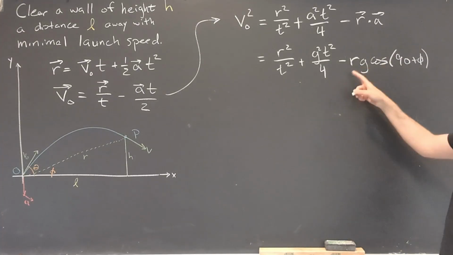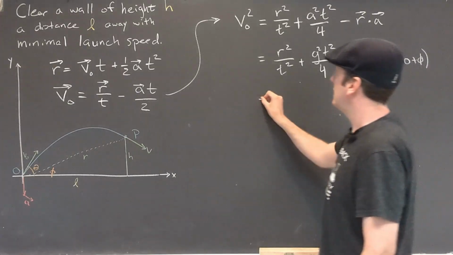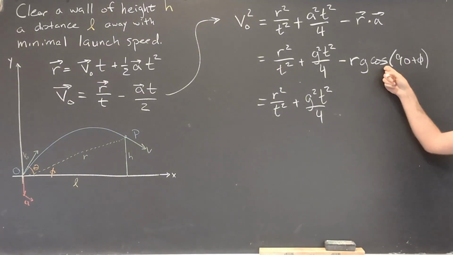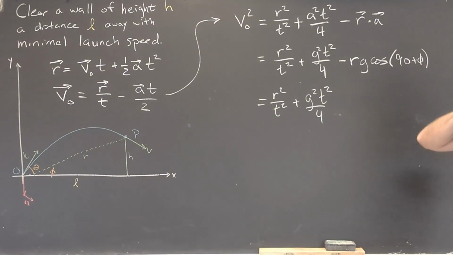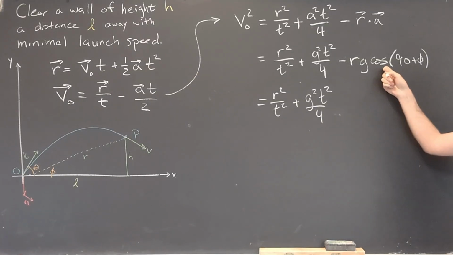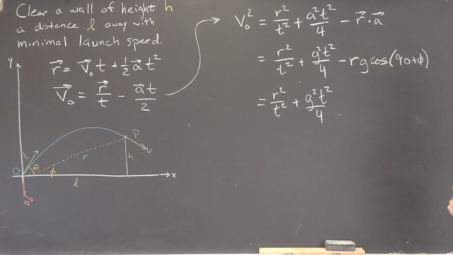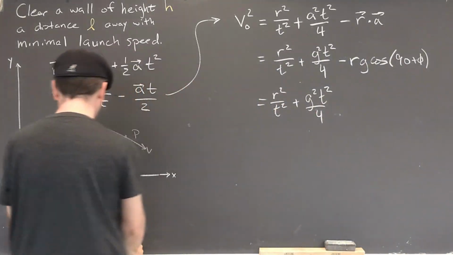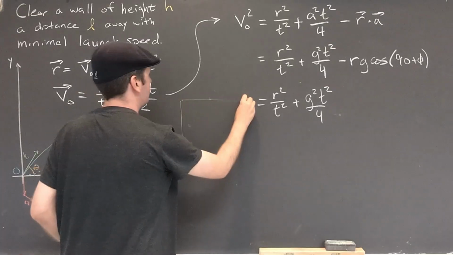Now we can do a little bit of trig on this piece just to simplify it one more time. Cosine of 90 plus phi is actually the same thing as sine of negative phi. So we have a co-function identity. Maybe I'll remind you of that over here off to the side.